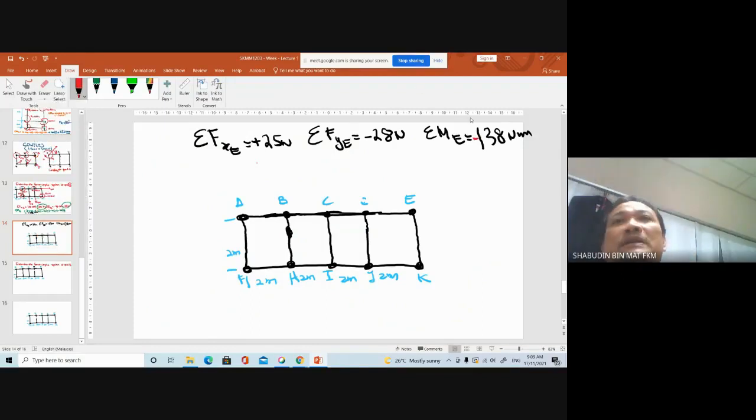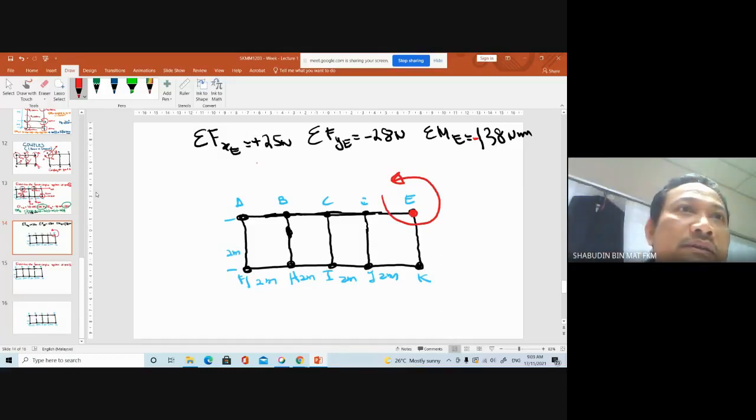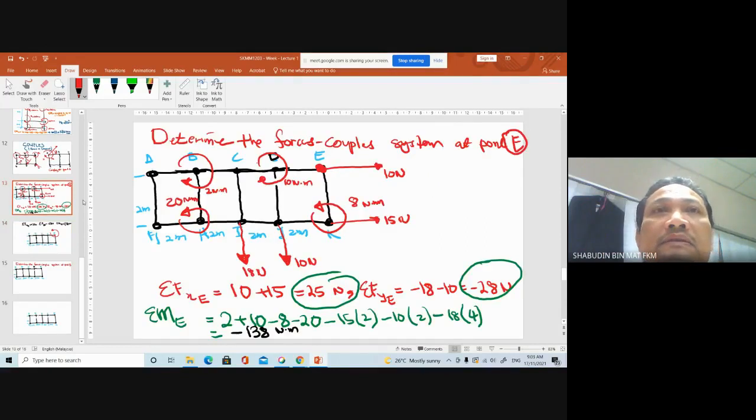So, total moment at point E is the moment itself. You bring it all over from here. From this complicated moment, you apply moment everywhere, you apply force everywhere.